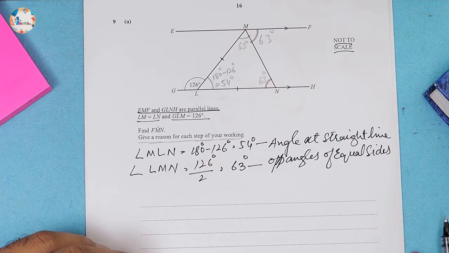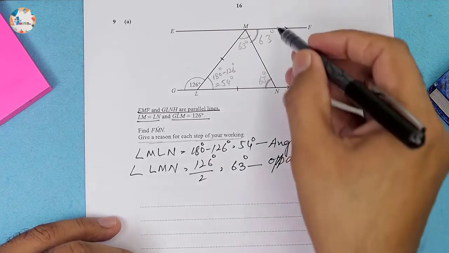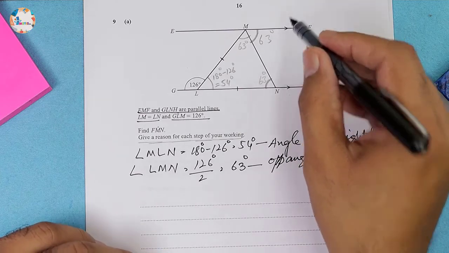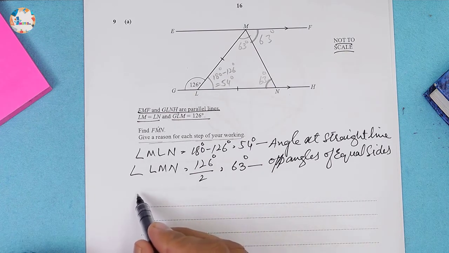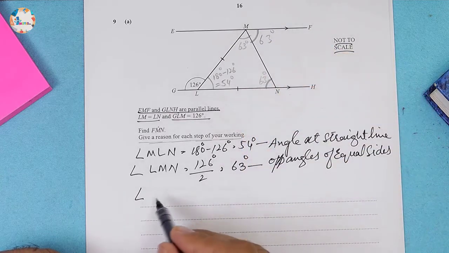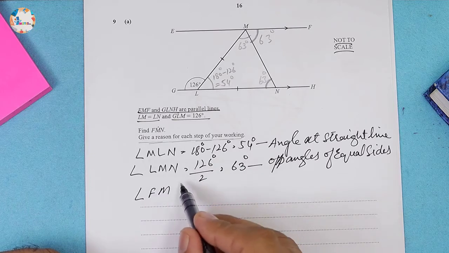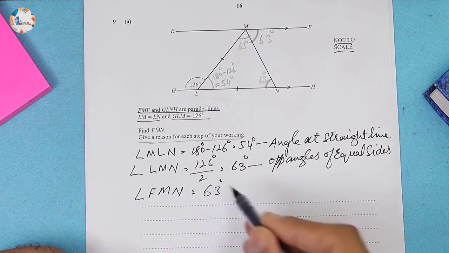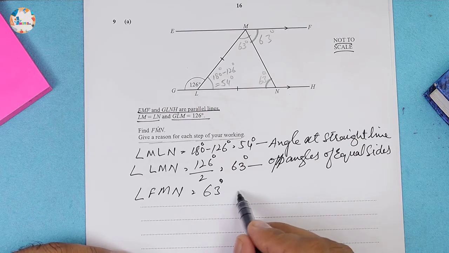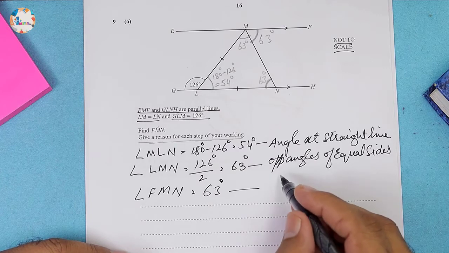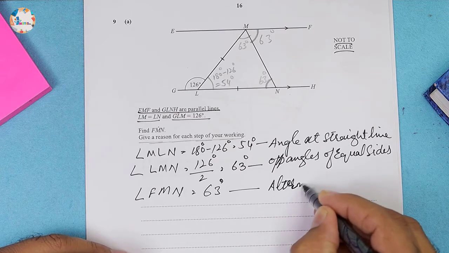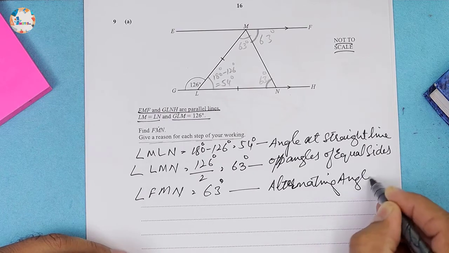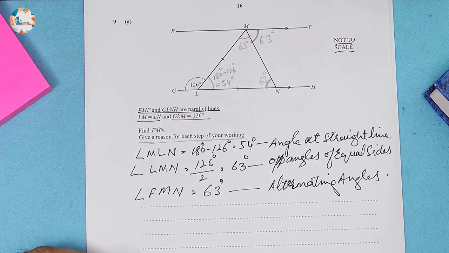So we can write parallel lines, angle FMN is equal to 63, and the reason is alternate angles.